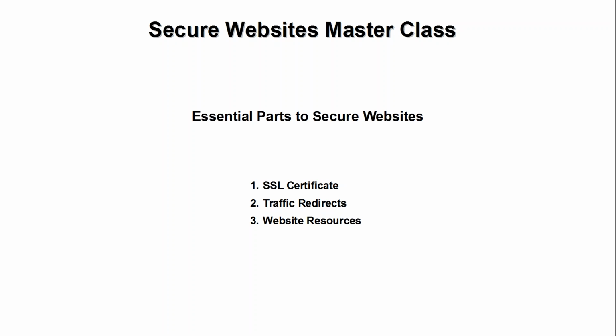Now, this is really important to understand because in the vast majority of cases, this is where the whole secure connection thing simply goes wrong. By just missing one single piece on any given page of a website, that particular page will simply be not secure.